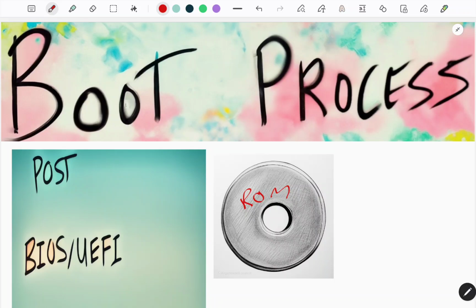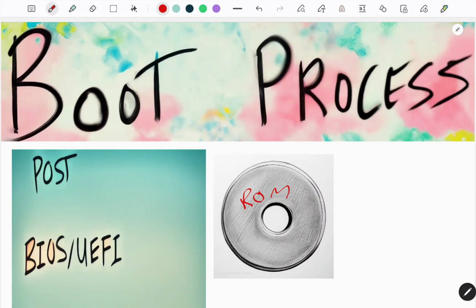Then first it will go into the motherboard. Of course, the motherboard will first start with detecting the ROM. The ROM will then initiate the first step, which is the POST test.